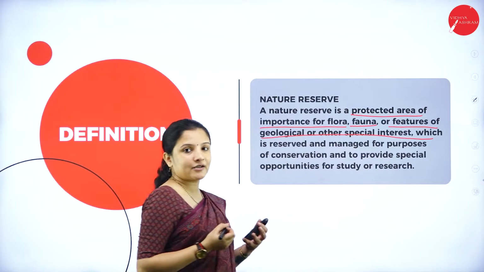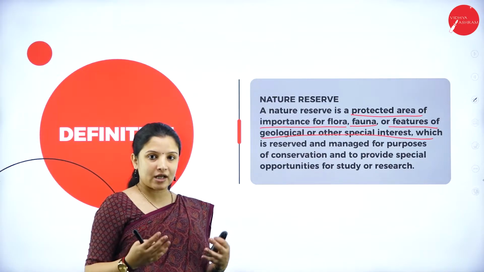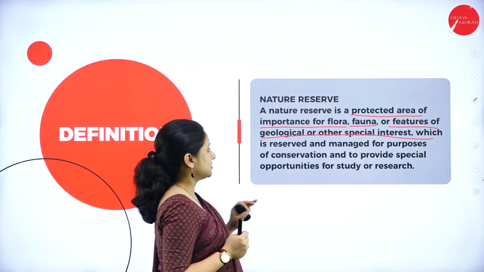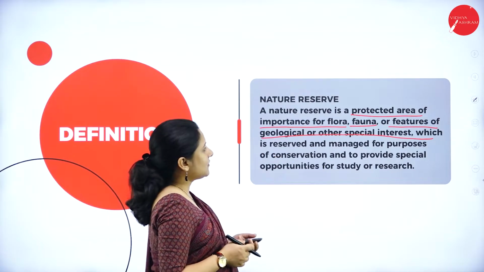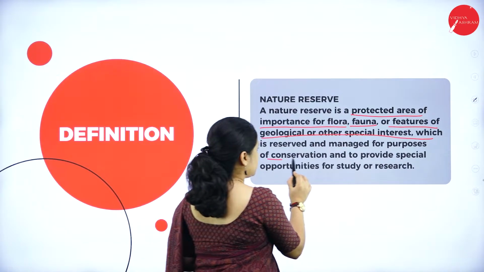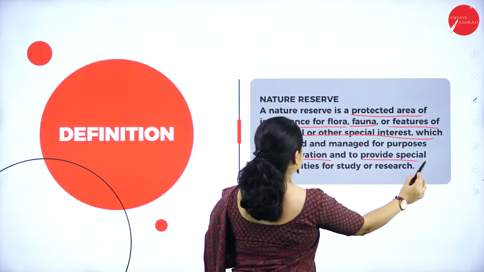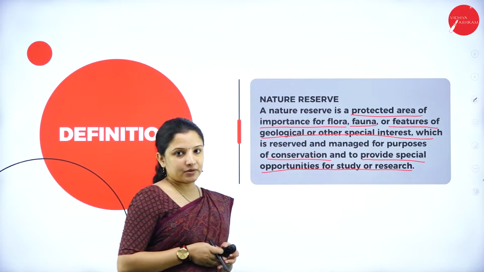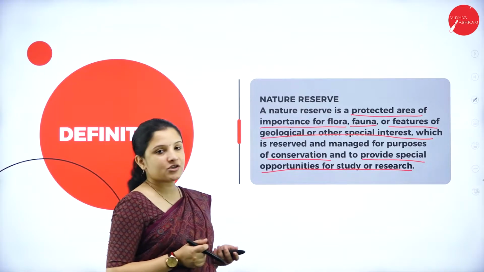So anything that you need to study about nature or the earth, you can do it in this particular nature reserve. And it is reserved and managed for purposes, especially for conservation and to provide special opportunities for study or for research purposes. So this is the definition of nature reserve.